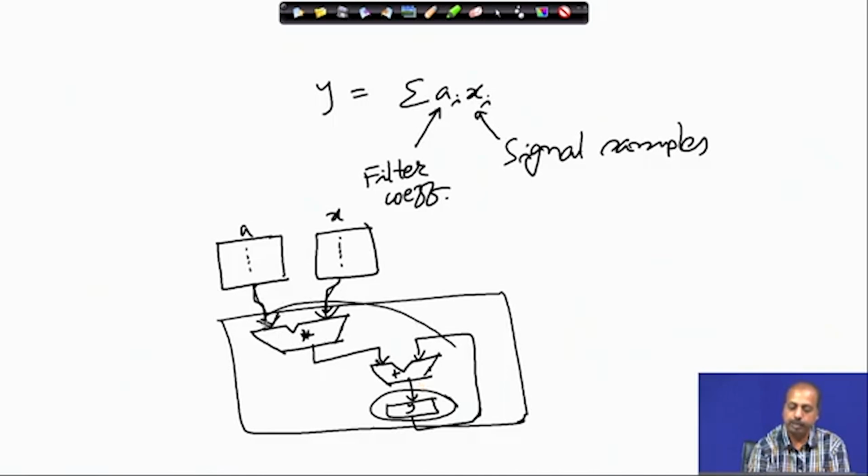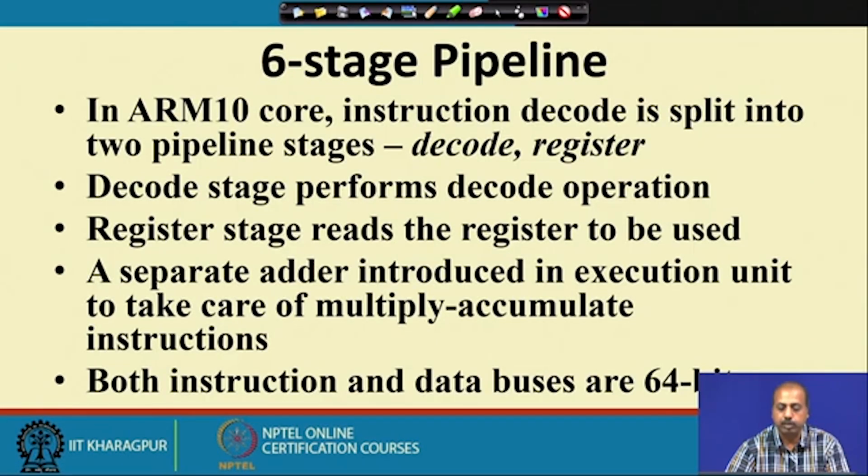Internally, we have this hardware available, so that by a single instruction we can do this multiply accumulate type of operation. We will see the actual instruction in more detail when we go to the instruction set of the processor. So, this multiply accumulate is done by a separate execution unit.